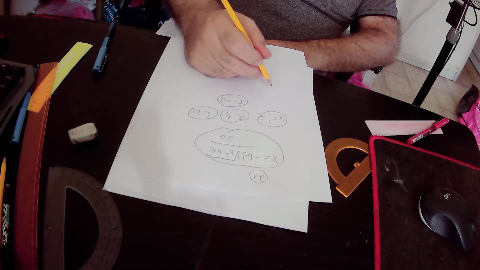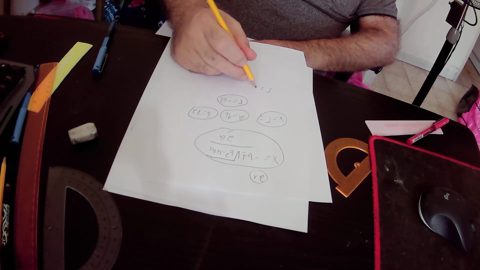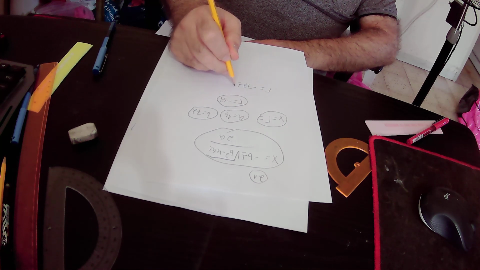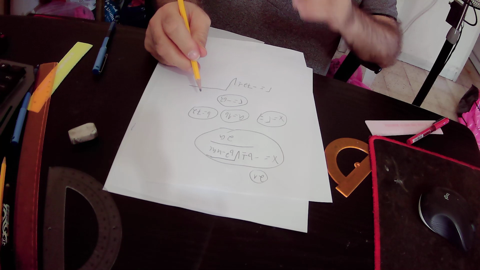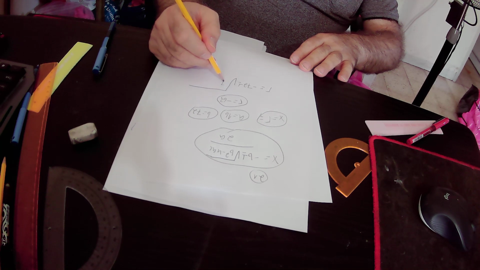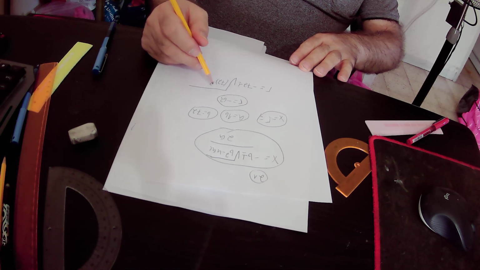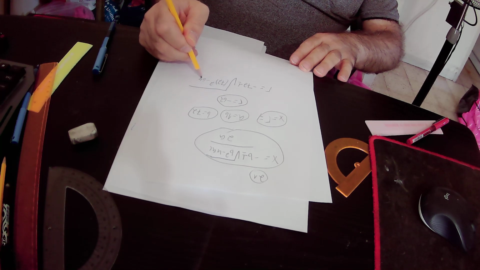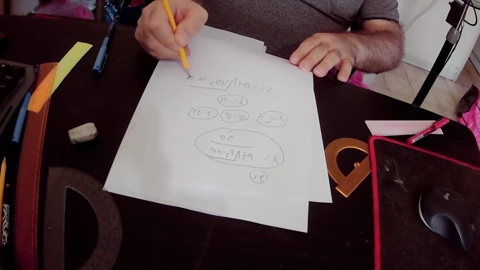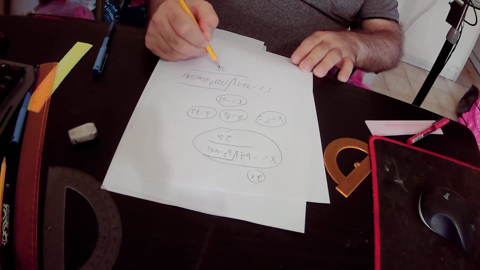So x equals r equals minus b. b equals 72, so minus b is minus 72 plus or minus the root of b squared. b equals 72, so b squared is 72 squared, minus 4 times a. a is 16, so 4 times 16 is 64, times minus 63, all divided by 2a. a is 16, so 2a is 32.